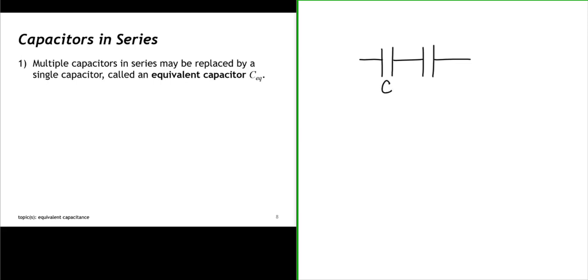We'll call this first capacitor C1 with capacitance C1, and here is C2 with capacitance C2. These two capacitors can be replaced by a single capacitor that represents some combination of the original two capacitors. We're going to learn what that combination is.